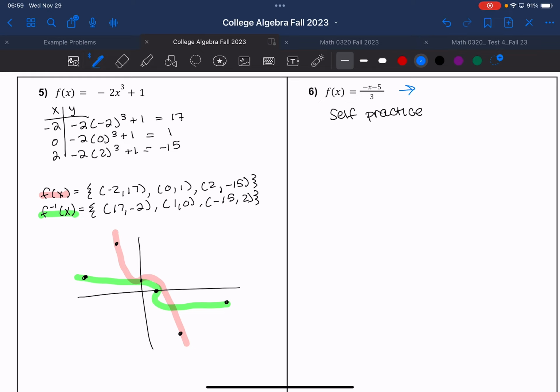Yeah, split it up. So we could have f of x is equal to negative x over 3 minus 5 over 3. And that resembles our mx plus b. So this is linear. So just keep that in mind when you're trying this on your own, that your two equations when you graph are going to be linear equations.